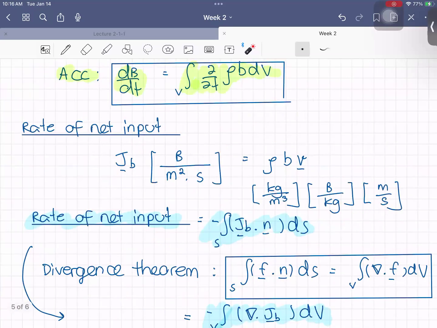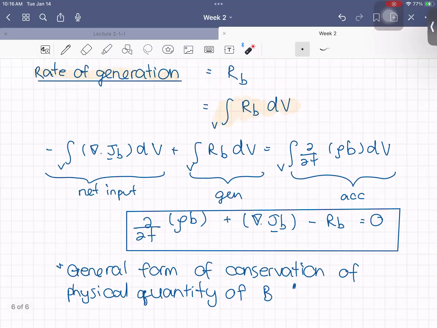Rate of net input, which is this term, so I plug it in. And last one is the rate of generation, so it will be written as this one. Everything is in integration with the same volume, and since each term is in integration, we can take it off, so at the end we only have this term.